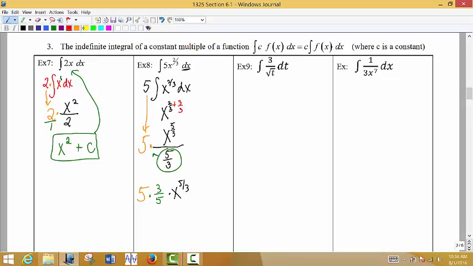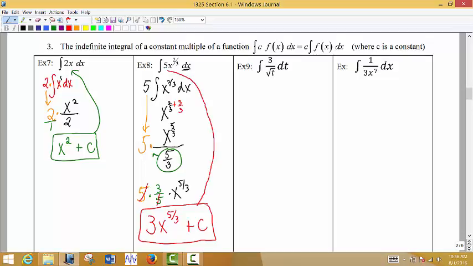So when I flip the bottom fraction and I multiply times the result, these 5's are going to cancel and I'm left with 3x to the 5/3 power, and I'm going to include also my constant of integration in my final answer. Okay, once again, check your work there. Take the derivative of this and see that you get back to that integrand that we started with.